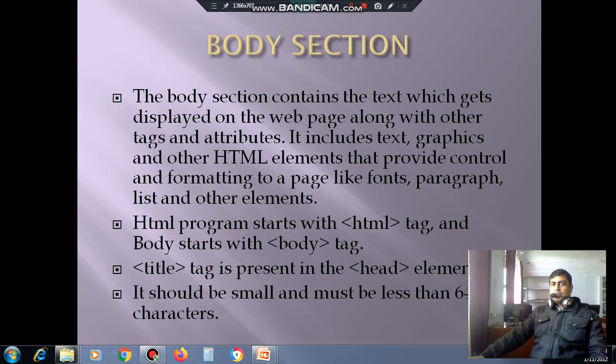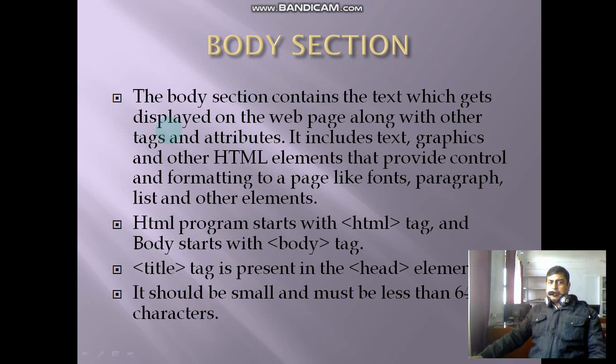Like the same, body section. Body section contains the text which gets displayed on the web page along with other tags and attributes. It includes text, graphics, and other HTML elements that provide control and formatting to a page, like fonts, paragraphs, lists, and other elements. So we can write the formatting controls according to our need inside the body tag.